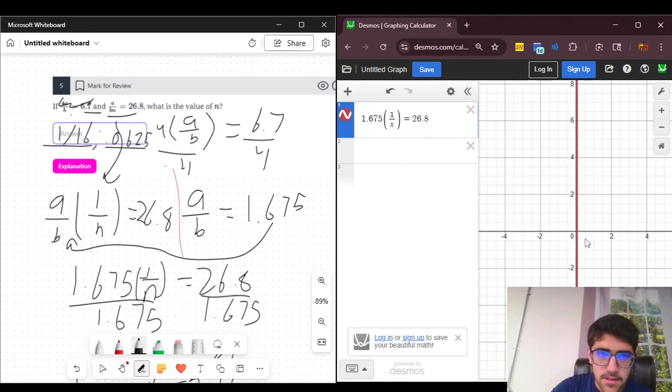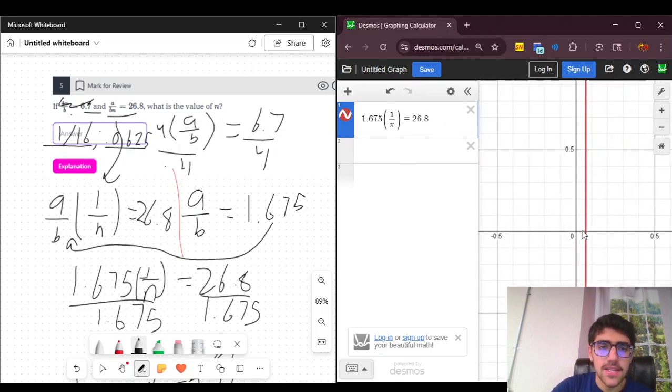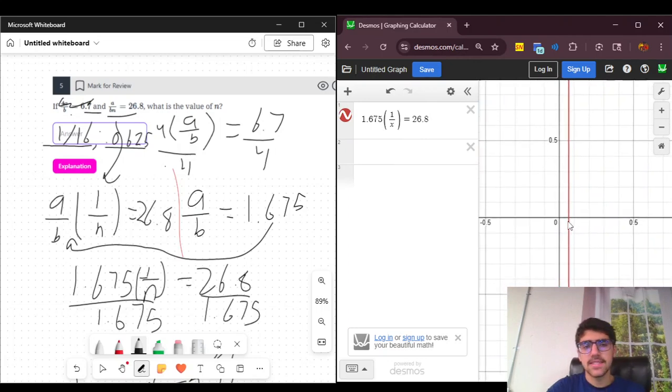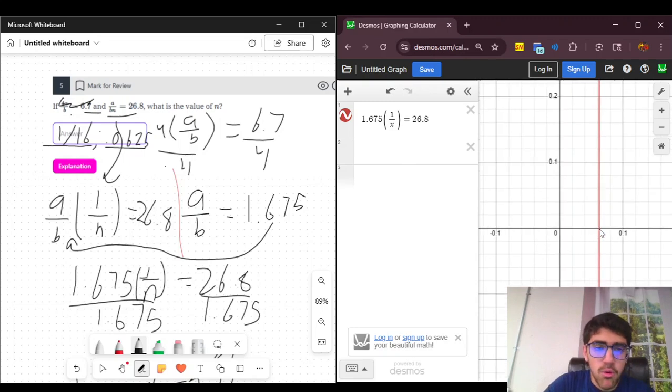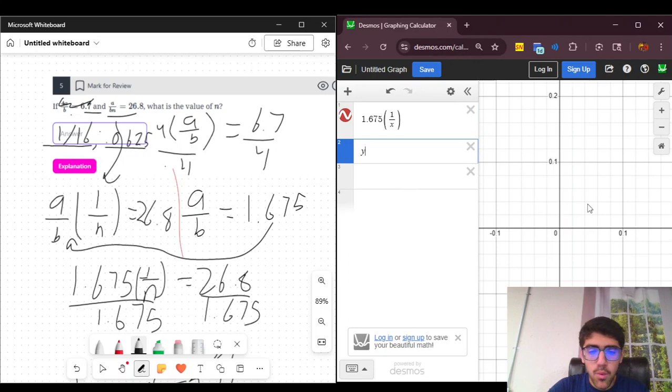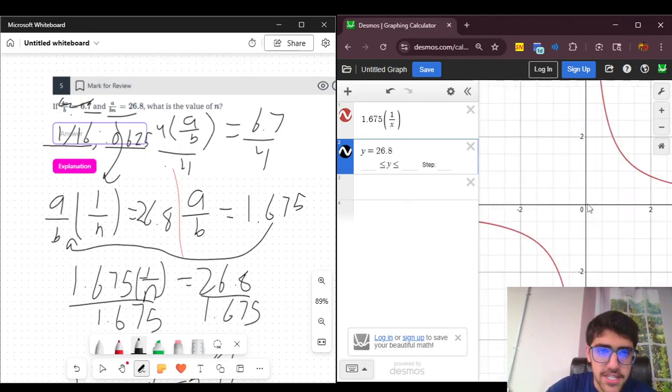And then it's going to be one of those weird times where, like I think I mentioned in a previous video, sometimes when it's a decimal, it just won't highlight the thing for you. So what do you do here? Because you want to use decimals. You remove the equals 26.8, and then you put y equals 26.8, and then you search for the intersection.